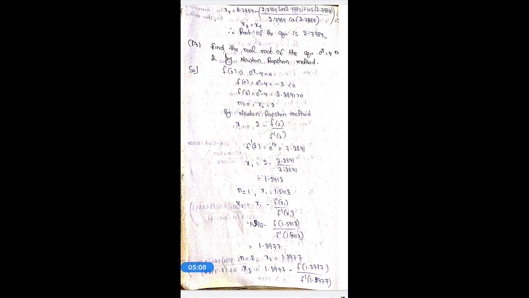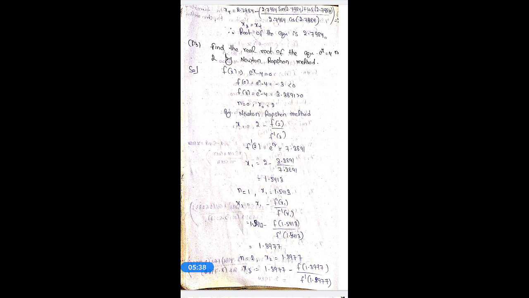Therefore, x2 is equal to 1.3977. So x1 is 1.54 and x2 is 1.39, not equal. Therefore we go for the third iteration.